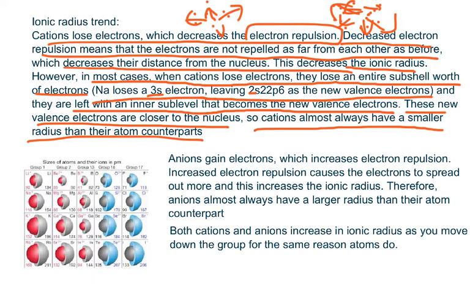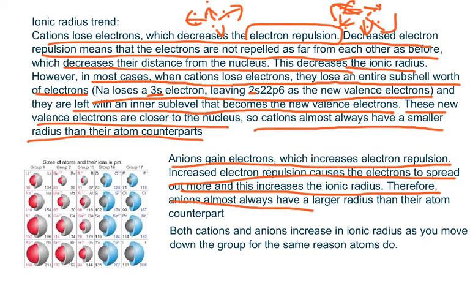Now let's take a look at anions. Anions gain electrons, which increases electron repulsion. Increased electron repulsion causes electrons to spread out more, and this increases ionic radius. Therefore, anions almost always have a larger radius than their atomic counterpart.